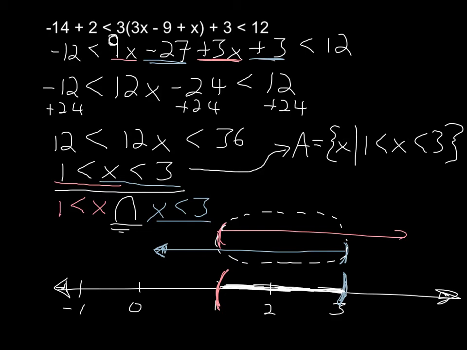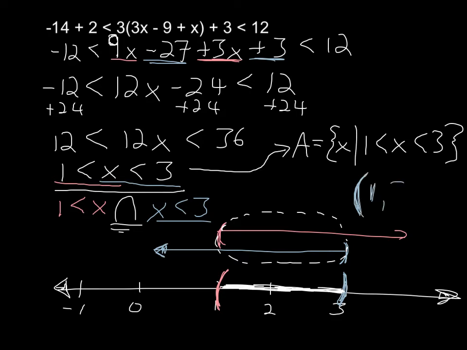So now we have everything but interval notation. Using our number line, we just have a left side being a paren with the bottom number 1.